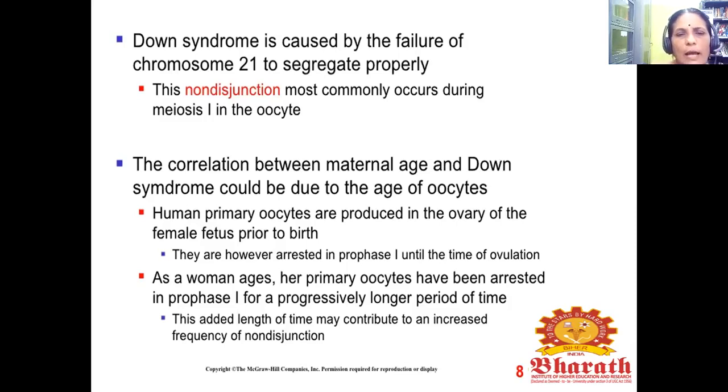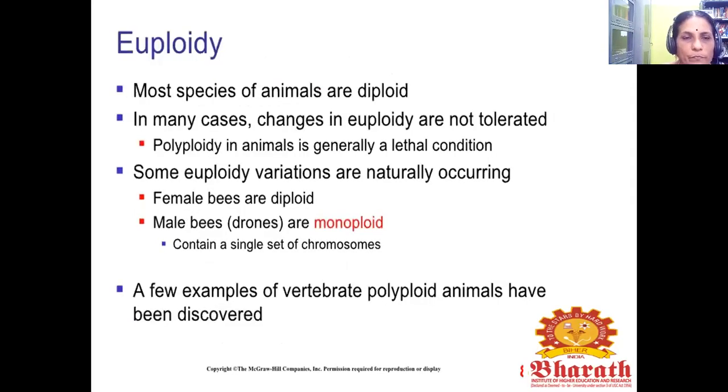They are, however, arrested in prophase I until the time of ovulation. As a woman ages, her primary oocytes have been arrested in prophase I for a progressively longer period of time. This added length of time may contribute to an increased frequency of nondisjunction.